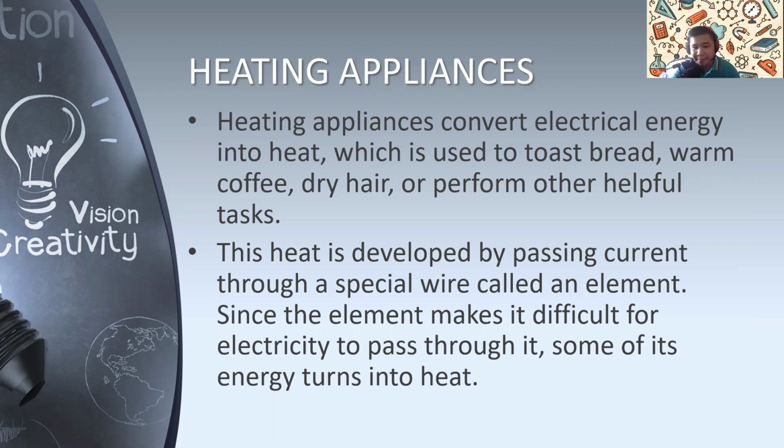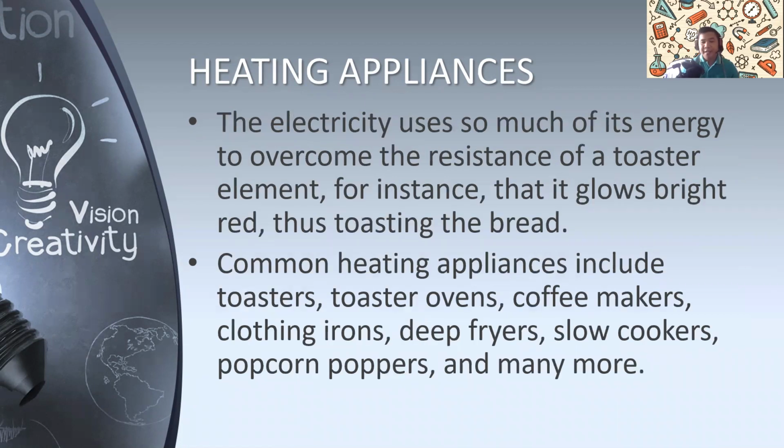Since the element makes it difficult for electricity to pass through it, some of its energy turns into heat. The electricity uses so much of its energy to overcome the resistance of a toaster element, for instance, that it glows bright red, thus toasting the bread. Common heating appliances include toasters, toaster ovens, coffee makers, clothing irons, deep fryers, slow cookers, popcorn poppers, and many more.